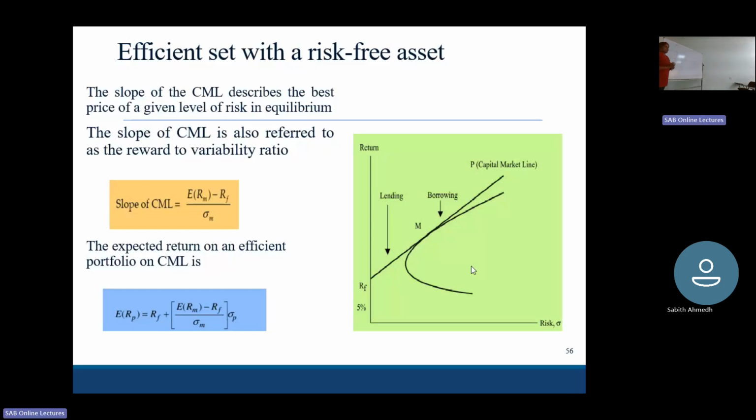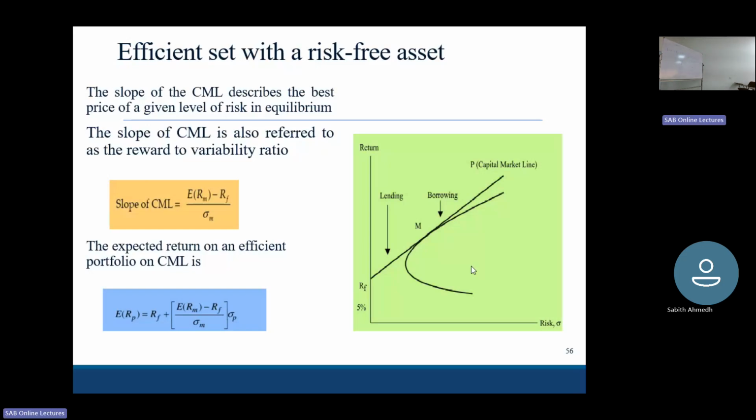Now, if I ask a simple question: there is a lending portfolio and a borrowing portfolio. Who are the risk takers? Investors in lending portfolios or investors in borrowing portfolios? Borrowing.